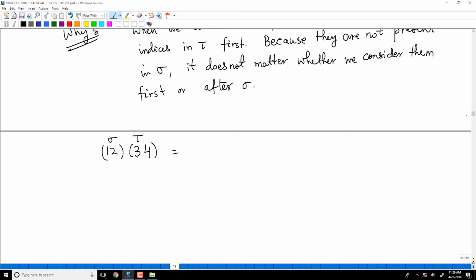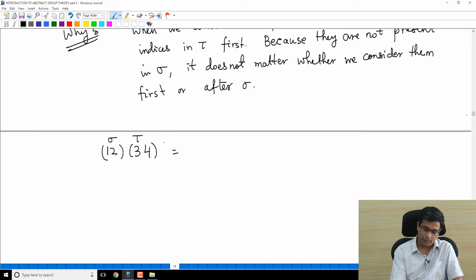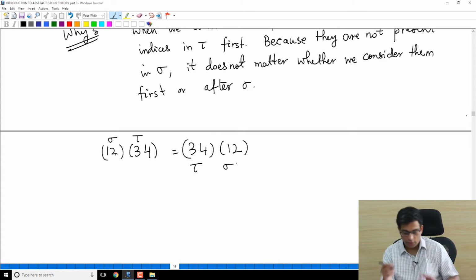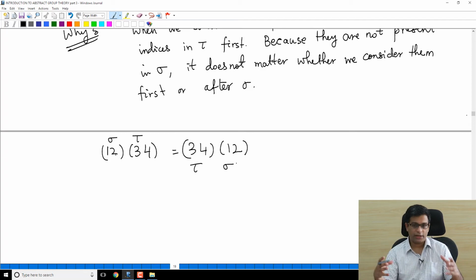Similarly, 4 goes to 3 under tau, and 3 is not present in this. So 4 goes to 3. Similarly, 1 goes to 2 under sigma, and it's not affected by what happens in tau. So 1 goes to 2, 2 goes to 1. So we might as well write this as tau sigma. If the indices are disjoint, they are unrelated, they don't interfere with each other. So we have no problem, and we can just multiply them in any order.